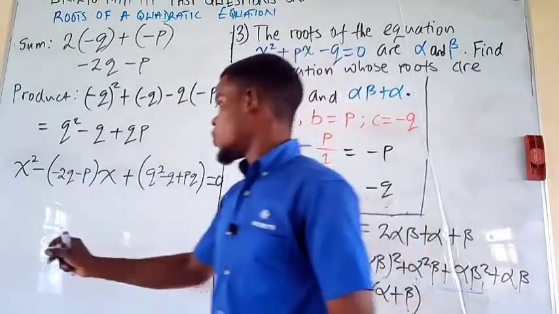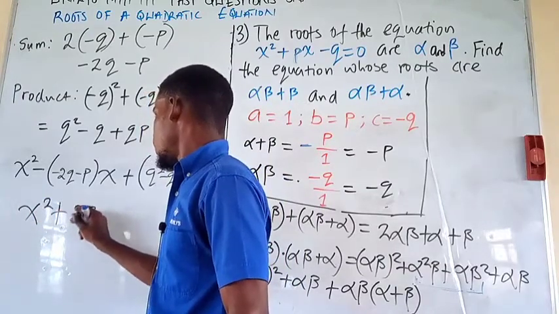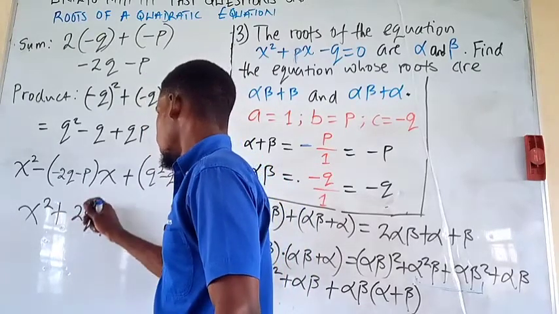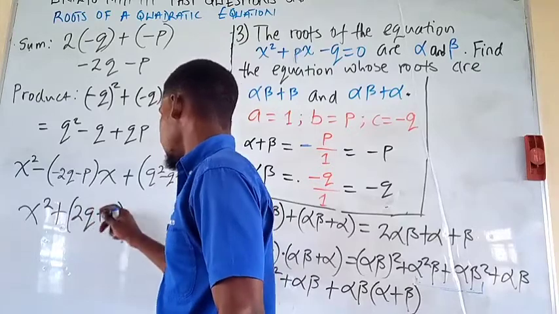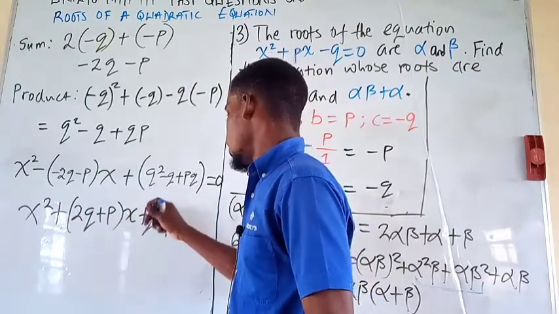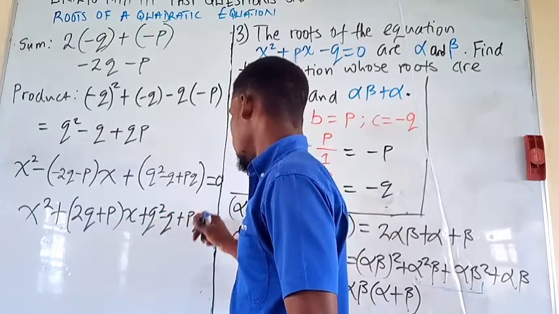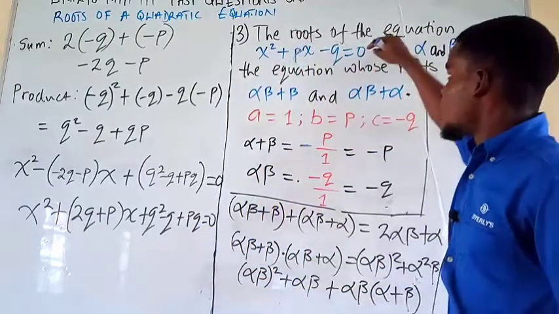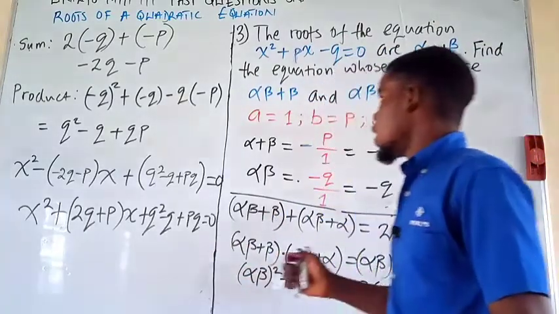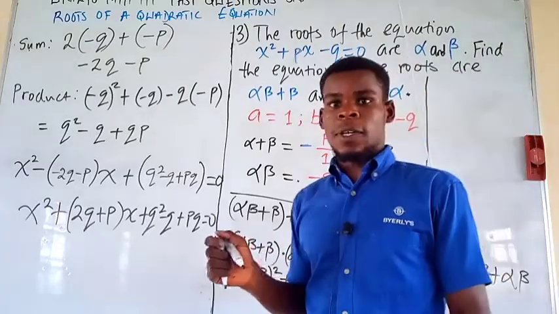Maybe we can simplify this a little bit. We're going to have x squared plus 2q plus p, then we just put down the x behind them, and again we add it with this here, q squared minus q plus pq, like that, equal to 0. So look at the given equation. Okay, so we have to find the new equation. So this is the new equation whose roots are alpha times beta plus beta and alpha times beta plus alpha.